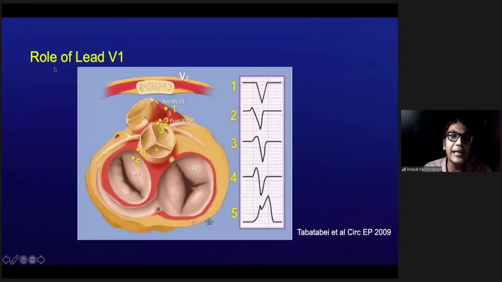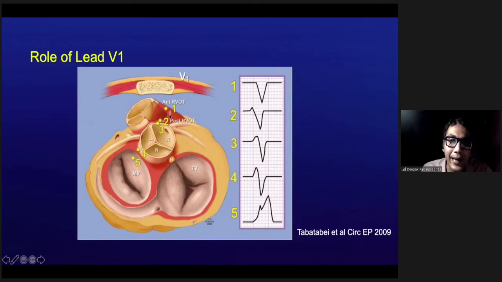What is the role of lead V1? Remember, lead V1 is not only an anterior lead, but it's also a right-sided lead. So anything coming from the anterior right ventricular outflow tract presents to you with a QS in lead V1.